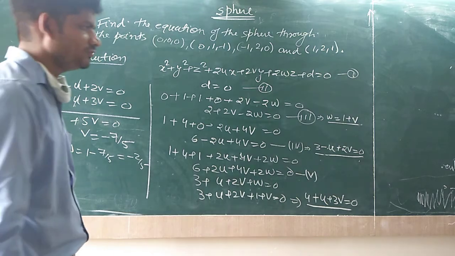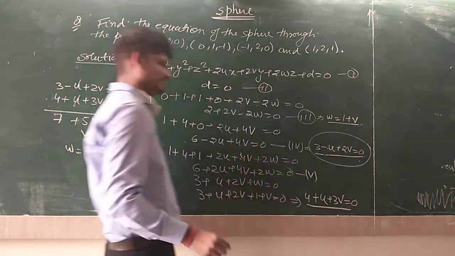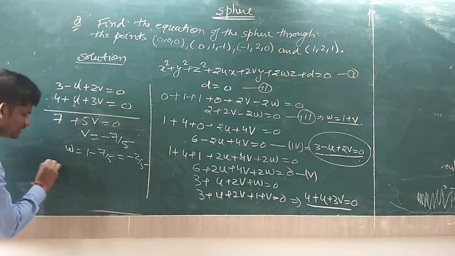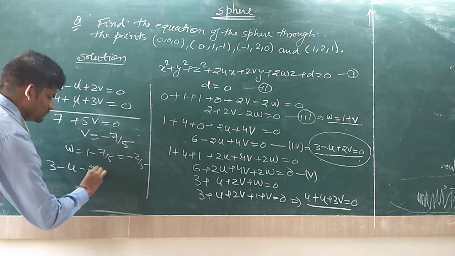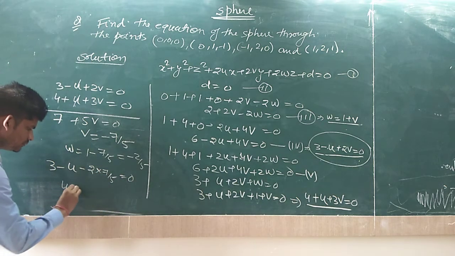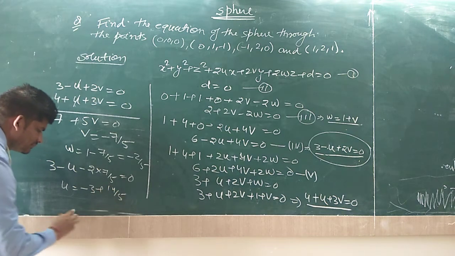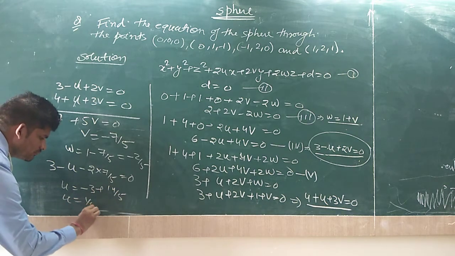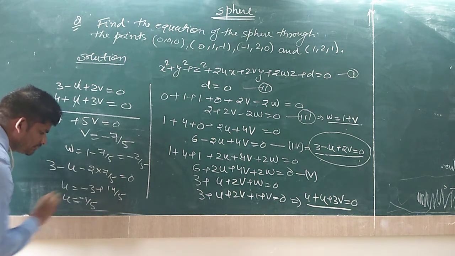Then putting the value of v in the equation 3 minus u minus 2 into 7 upon 5 equal to 0, we get u equal to minus 3 plus 14 upon 5, u equal to minus 1 upon 5.